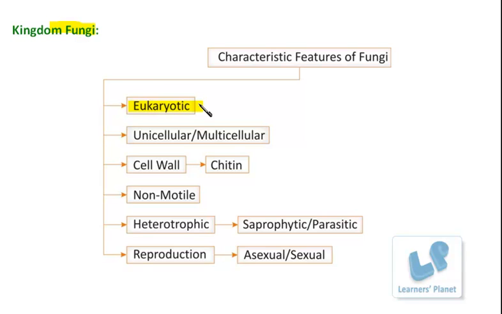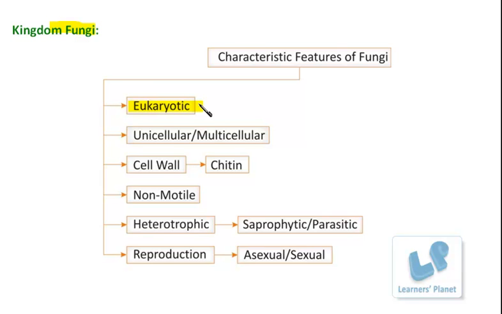They all are unicellular. So this is the very first difference between the organisms of Monera and fungi. Next, if I compare it with the Protista, both these groups comprise organisms made up of eukaryotic cells.